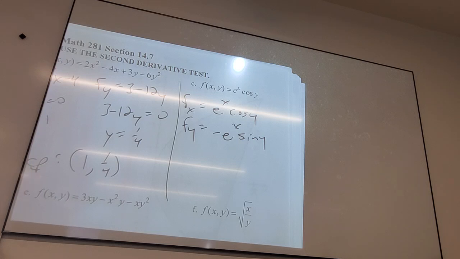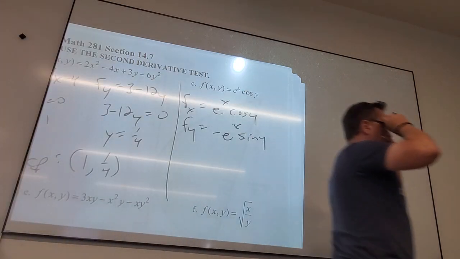If something makes fx 0, does it also make fy 0? No. Because cosine and sine are offset by 90 degrees, or pi over 2, yeah? Do you guys see the idea? So what makes fx 0?